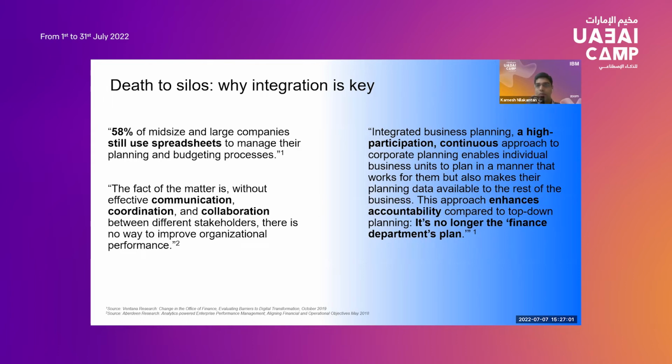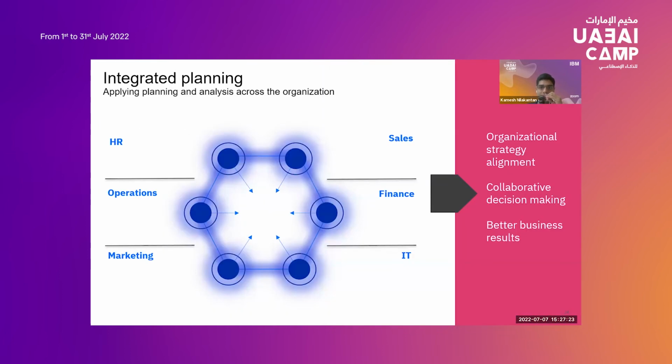If you have a proper integrated approach, plans can be cascaded. So you can create plans in one department and different stakeholders can have visibility to that, so that at an overall level, you have properly well-governed plans, budgets and forecasts. That's what we are trying to get to, and that's why integration is the key.